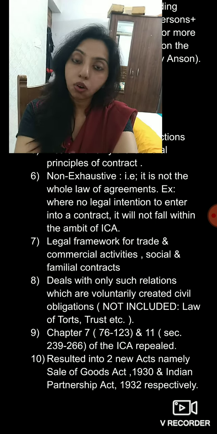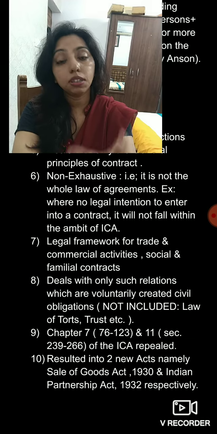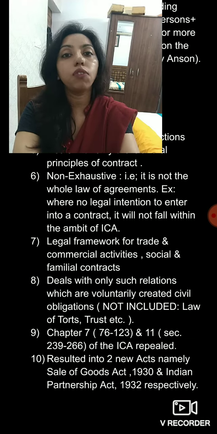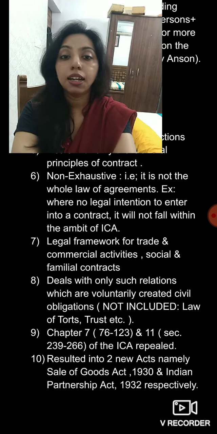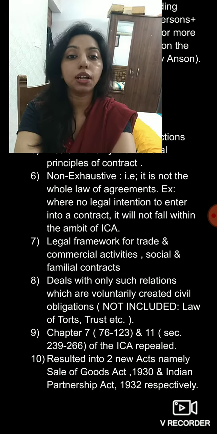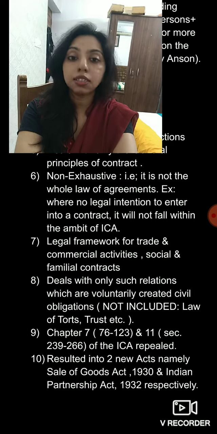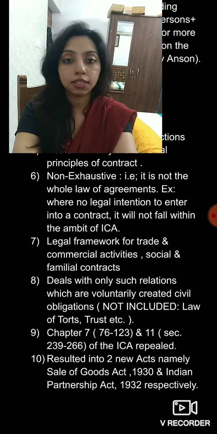Under the contractual law, the compensation is something which is of liquidated nature, which has to be predetermined. So in that sense, it only deals with such relations which are voluntarily created civil obligations, and it does not include the law of torts or law of trust, etc.